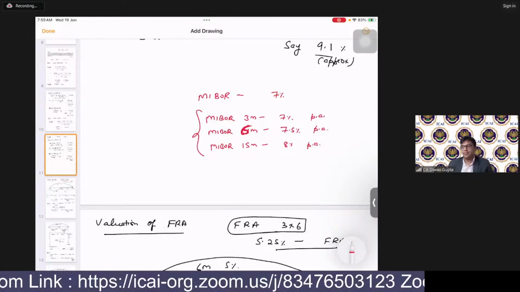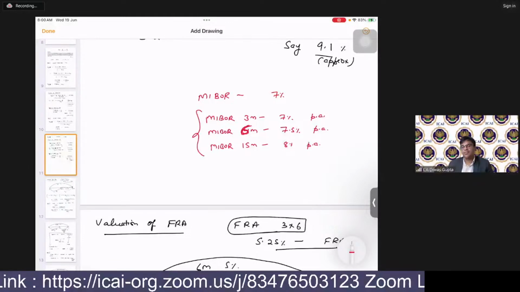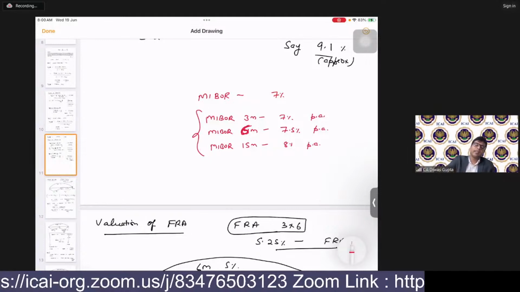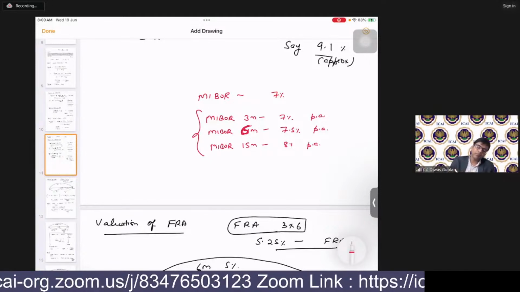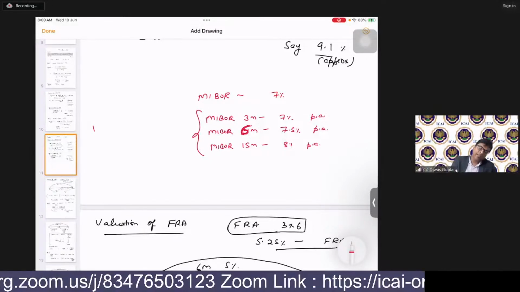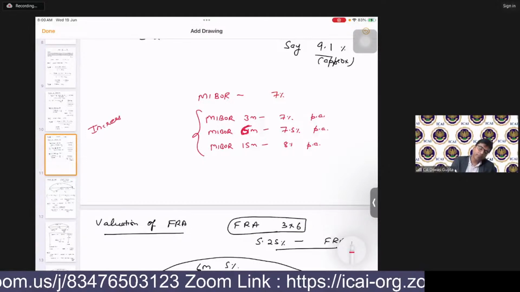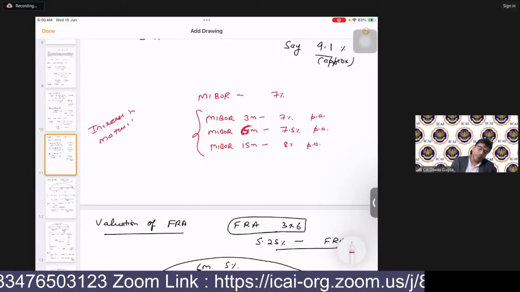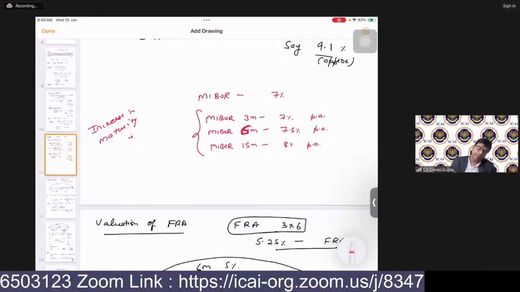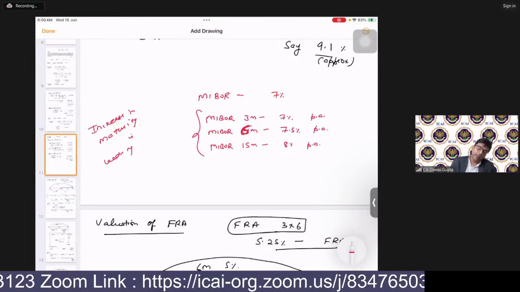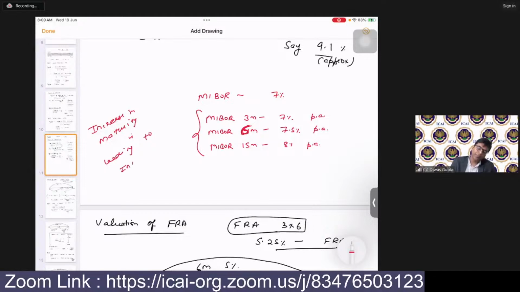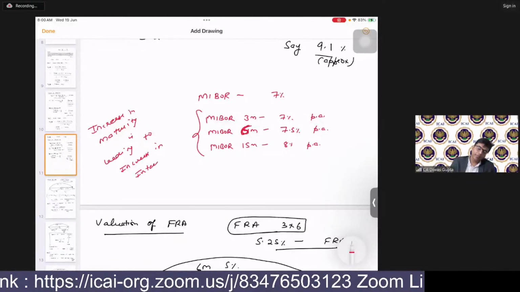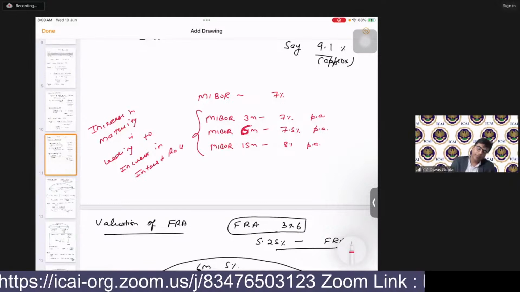What is the reason? Why does increase in maturity lead to increase in interest rate?